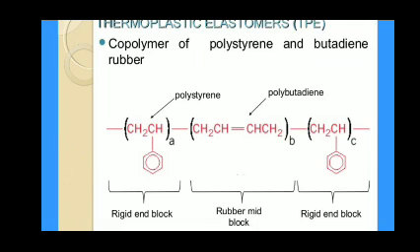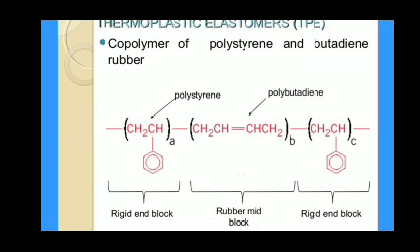Butadiene and styrene undergo copolymerization to form Buna S, an elastomer. Buna S: CH2-CH=CH-CH2-CH(C6H5), taken n times, is called Buna S.